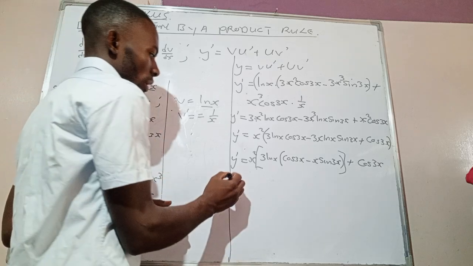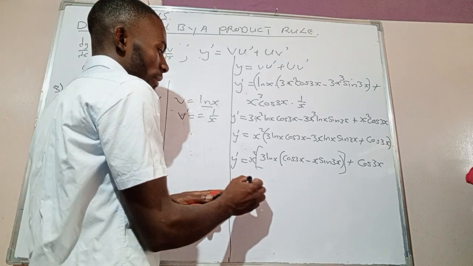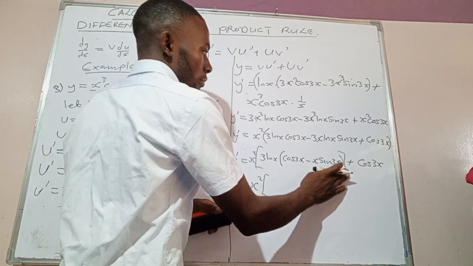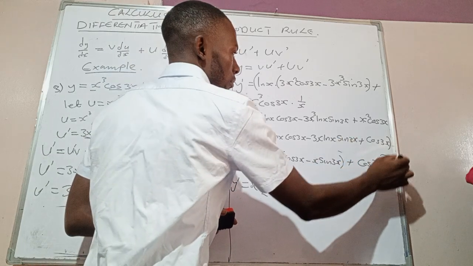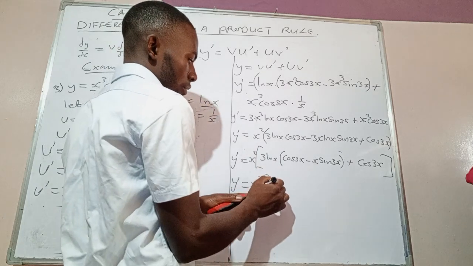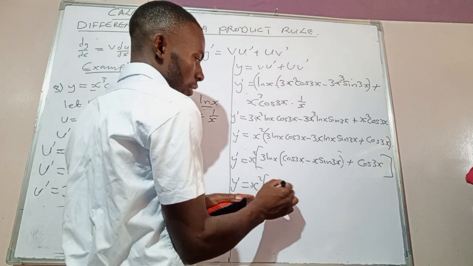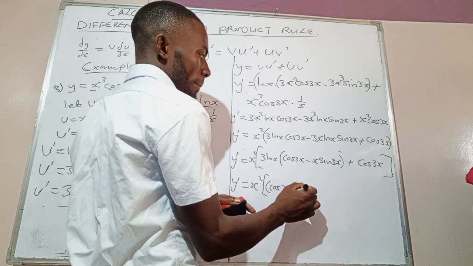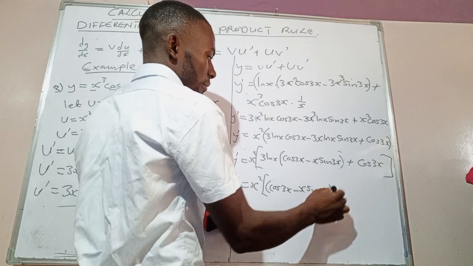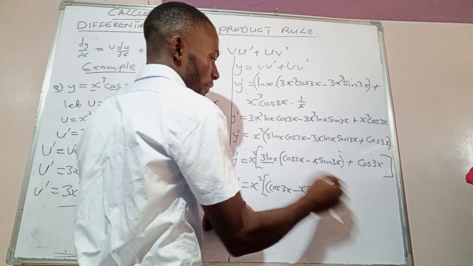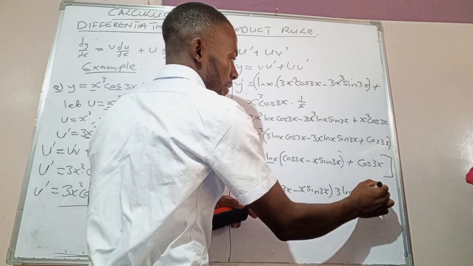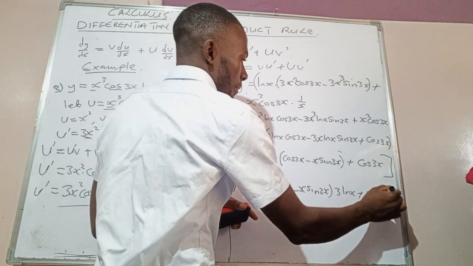Okay, so our final answer is going to be y prime is equal to x squared, square bracket, 3 ln x, open bracket, cos 3x minus x sin 3x, close, then plus cos 3x.